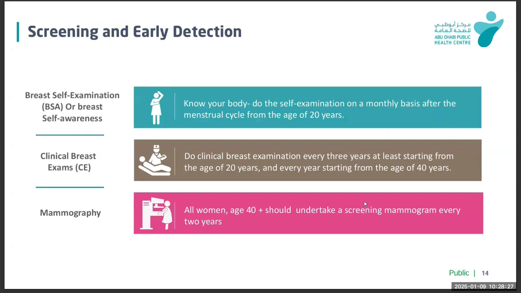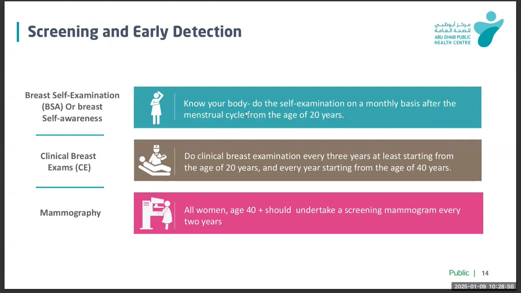So how can you self-examine? Basically, it's a know your body initiative, in which you self-examine starting from 20 years of age and so on. You do this on a monthly basis.